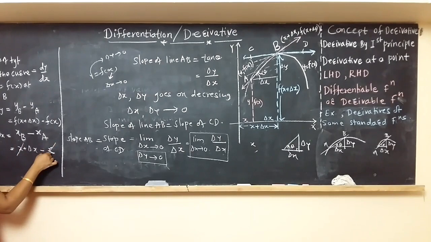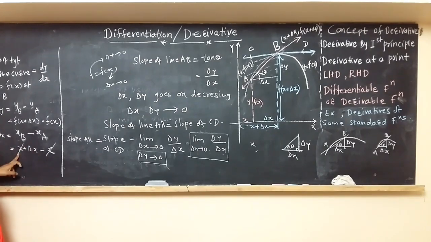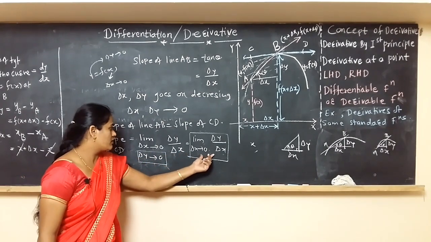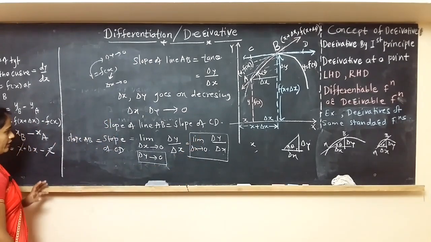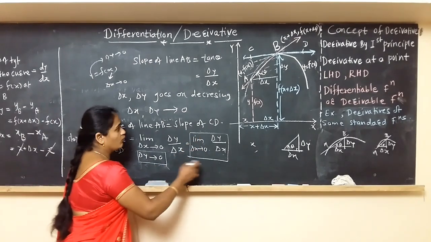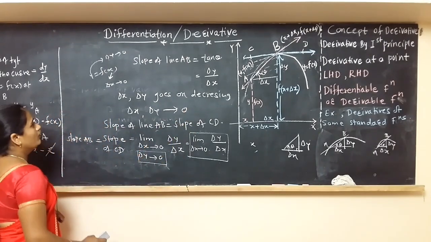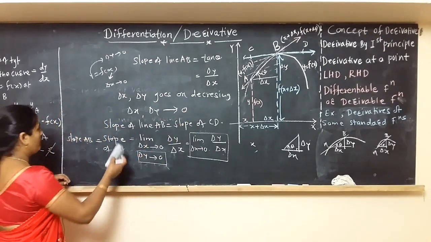So here x gets cancelled out, we get delta x is nothing but the delta x. So if we put in this definition limit delta x tends to 0, delta y by delta x, we go towards the derivative by first principle.